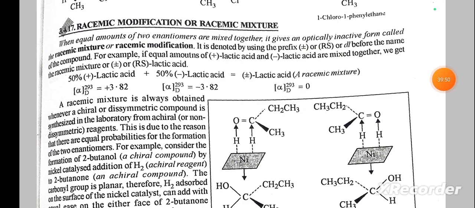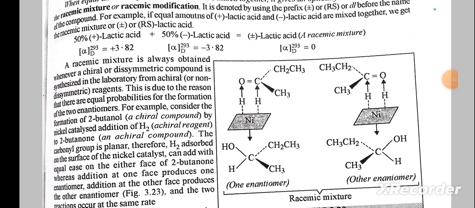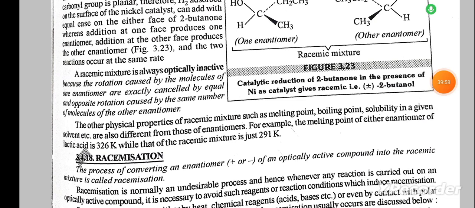A racemic mixture is always obtained whenever a chiral compound is synthesized from achiral compounds. A racemic mixture is always optically inactive because the rotation caused by the molecules of one enantiomer is cancelled by the equal and opposite rotation caused by the same number of molecules of the other enantiomer.